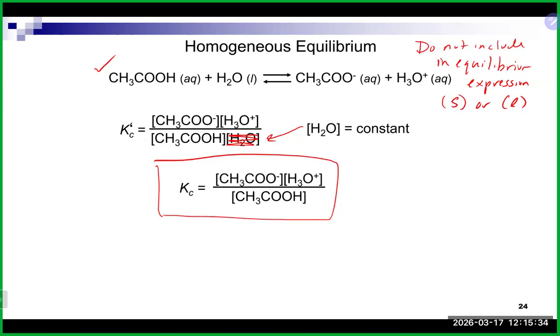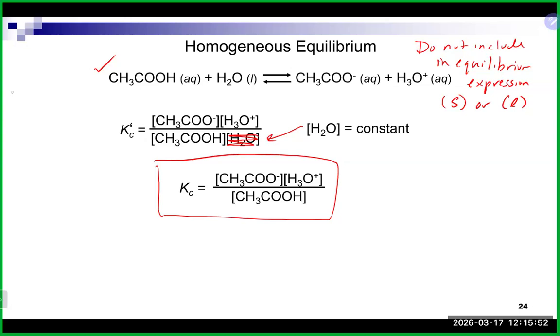Solid for the sort of opposite reason, if you want to think about it. If solid, you can think of it just like it's sitting there, not doing very much, right? The only way it could participate is it's got to maybe start to dissolve and it's no longer a solid or something like that. So solids and liquids are not included.